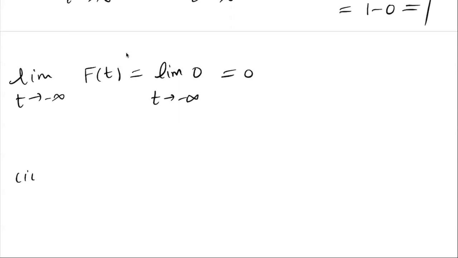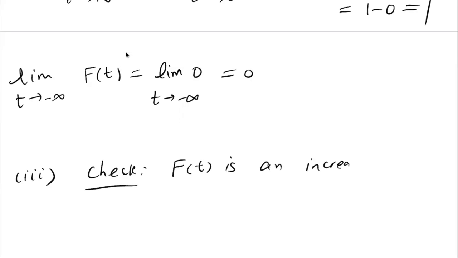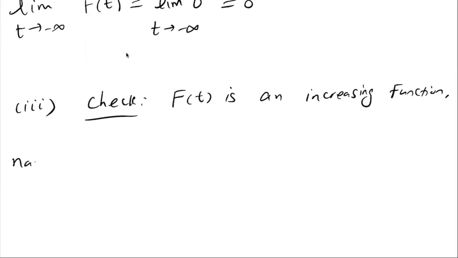Third property, I need to check that capital F of t is an increasing function. Meaning that if a is less than or equal to b, then F of a is less than or equal to F of b.